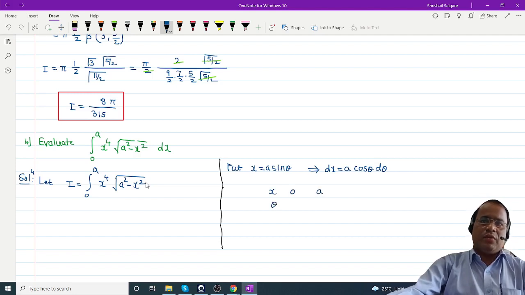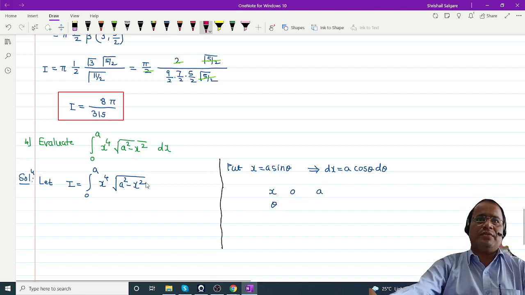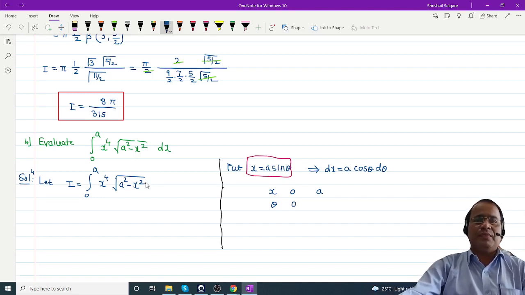Now the new limits for theta. You can use this part to obtain the values. So when you substitute x is equal to 0, theta is also 0. And when you substitute x is equal to a, sine theta becomes 1, which means theta is pi by 2.